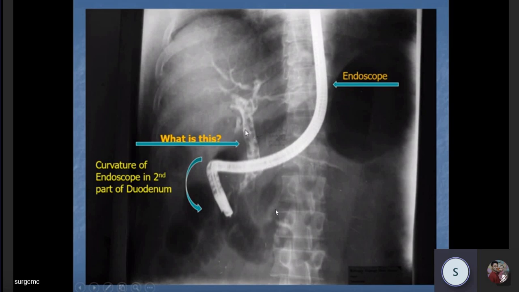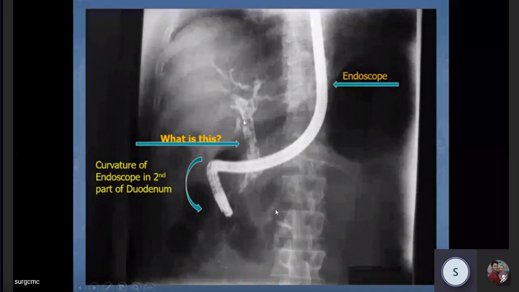And what is there inside the CBD? Filling defects. A number of filling defects, and the CBD is dilated. So if you get this kind of thing from an X-ray plate, don't get confused. It is an ERCP. Look for this zone, what the examiner is willing to show you, whether multiple filling defects or a single filling defect is there within the CBD or not. Okay.